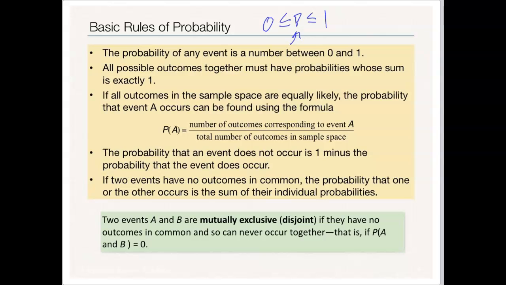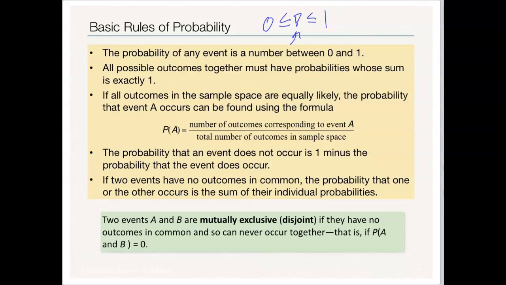Probability is always a number between 0 and 1. All possible outcomes together must have probabilities whose sum is exactly 1. That just ensures that you have a reasonable probability model.